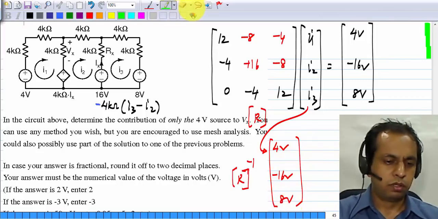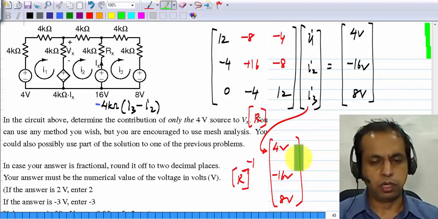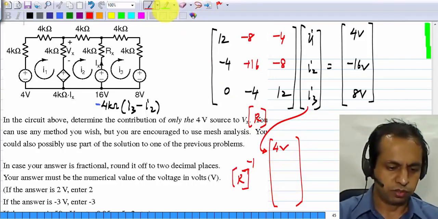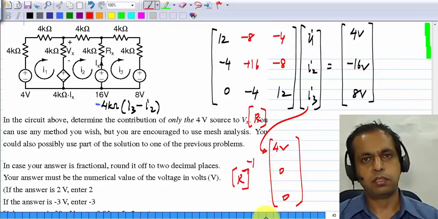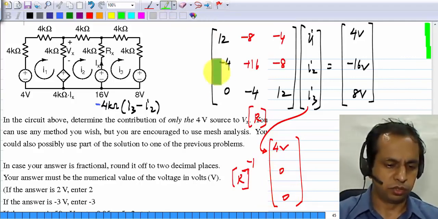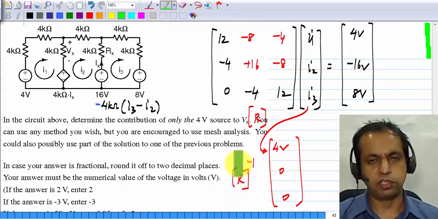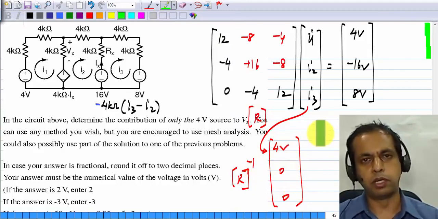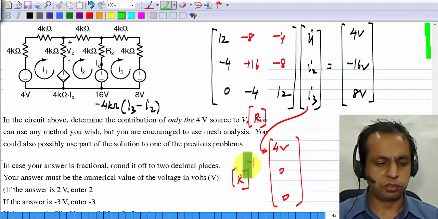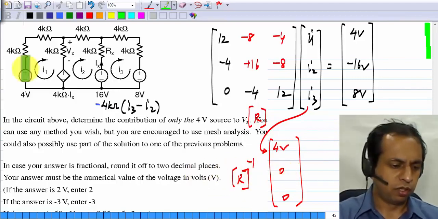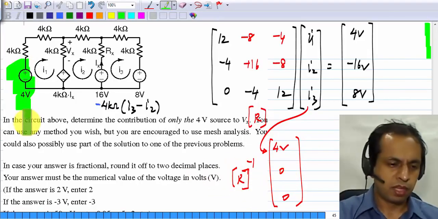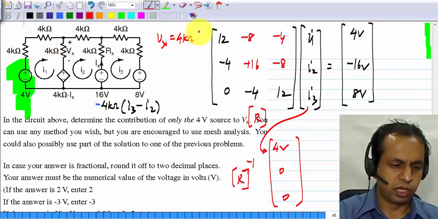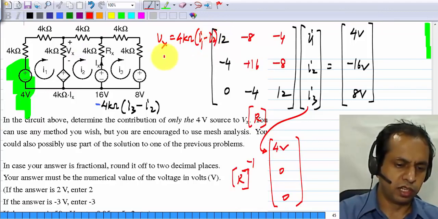Now when you have only the 4 volts in the picture, then you just reduce these two to 0. Okay, right? So actually it's only the first column of this that contributes to the result, okay, because the others will get multiplied by 0. So this gives you I1, I2, I3 because of only this source, and you know that Vx is 4 kilo ohms times I1 minus I2.